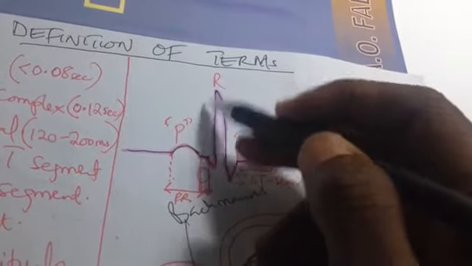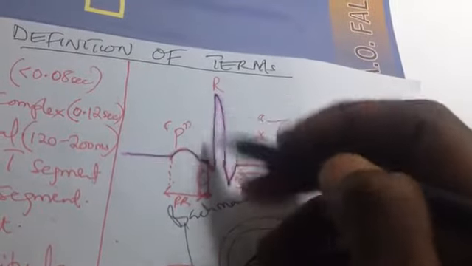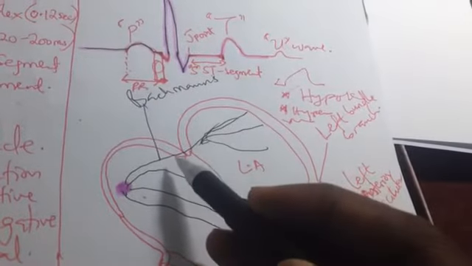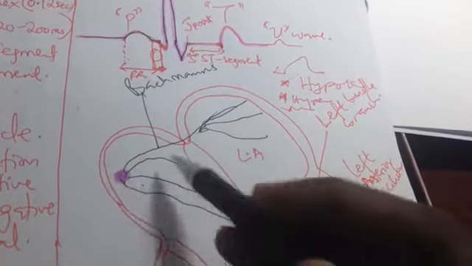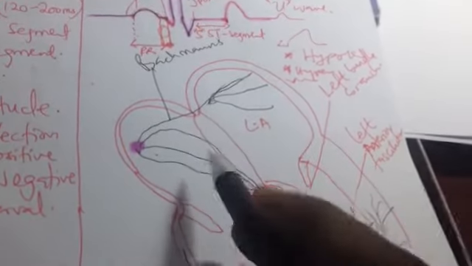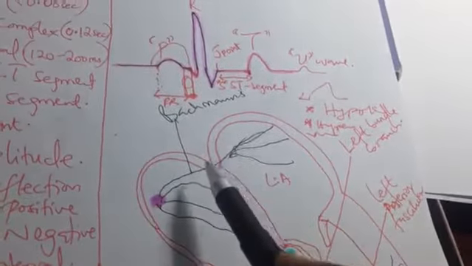The amplitude means the millivolt is very high. Even if by any reason the atrium becomes very thick, its amplitude will increase, for example like this. So the thicker, the greater the amplitude.